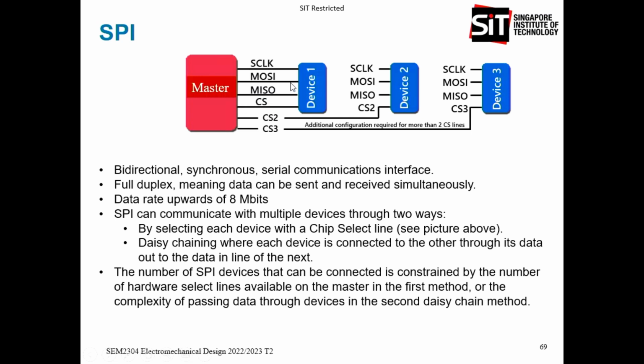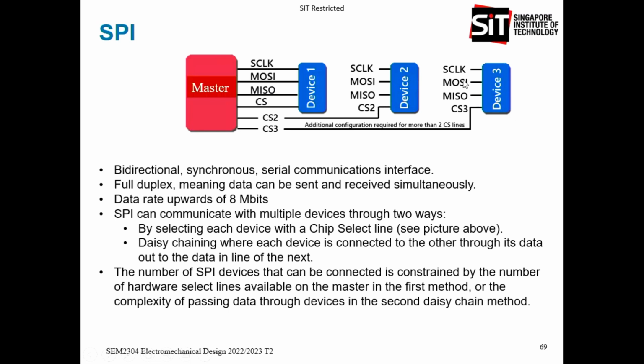If you have one device, the master needs to provide 4 lines in order for us to talk to one device. If you have 2 devices, then the master needs to have a separate chip select for the second device. So for 2 devices, you need 5 lines. For 3 devices, you add 1 more, so you need 6 lines.